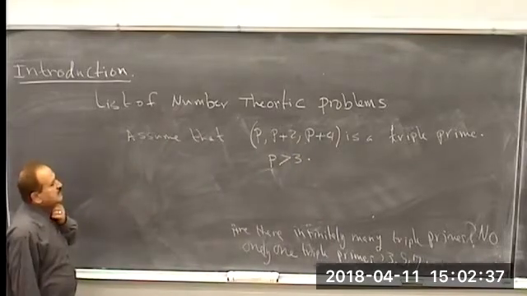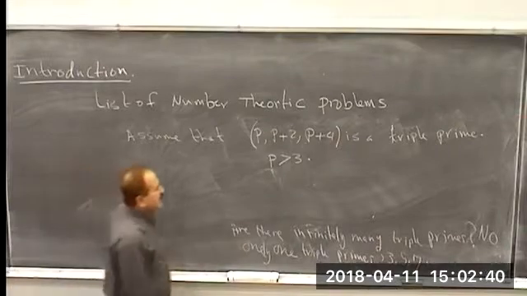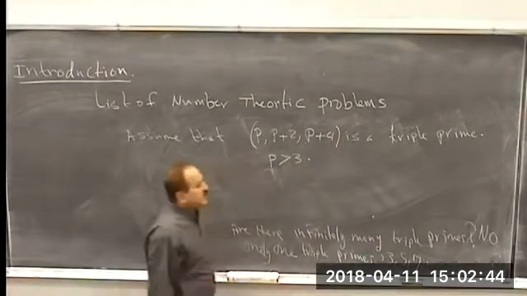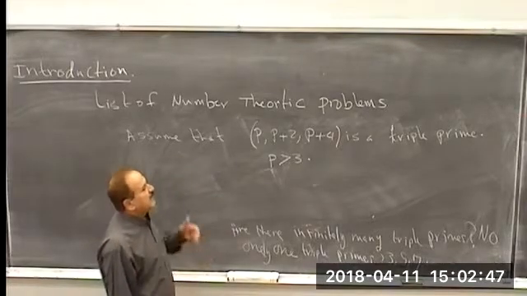So this means that, first of all, because P is prime, it cannot be a multiple of 3.